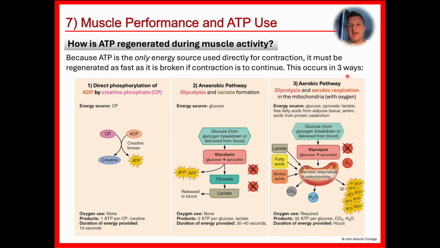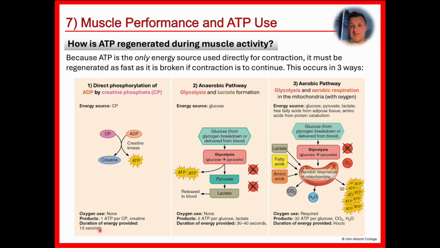But we can make ATP in different ways, and it actually happens in different ways depending on what level we're at, how much time has passed for muscle contraction. The first way is through direct phosphorylation of ADP. So this ATP is being created because ADP is going to be phosphorylated by creatine phosphate. This is found in muscles, okay?